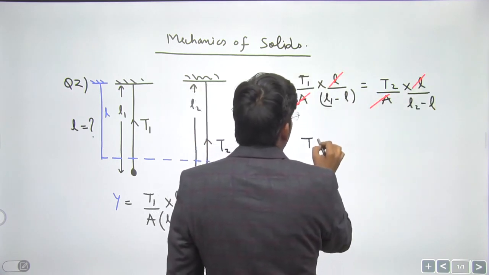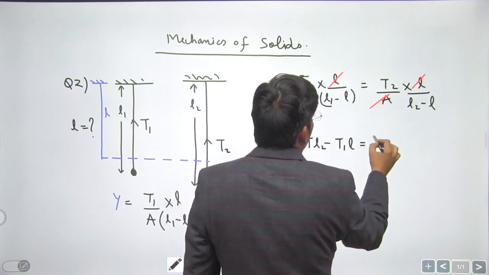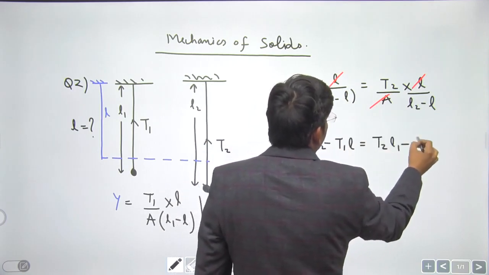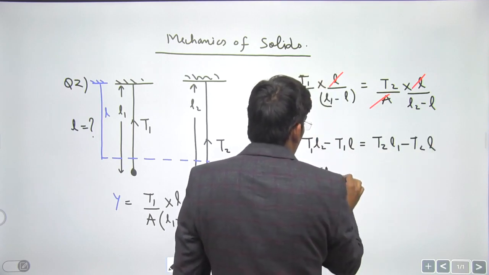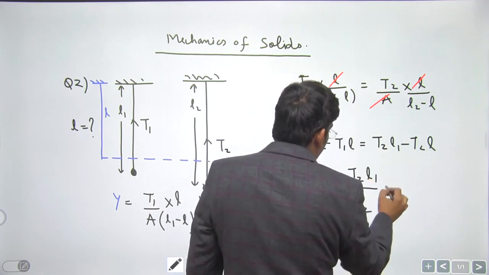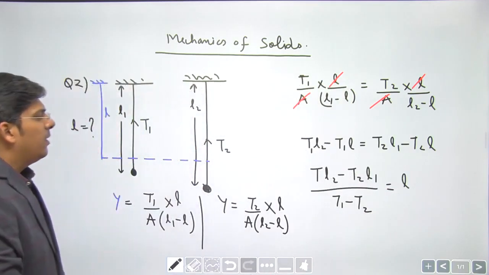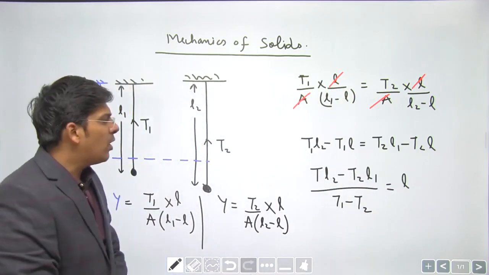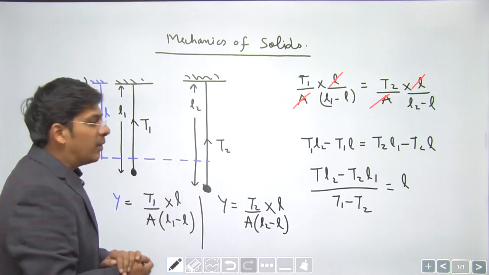We get T1 L2 minus T1 L is equal to T2 L1 minus T2 L. So L is T1 L2 minus T2 L1 divided by T1 minus T2. This is going to give the original length of the wire, dear students. It was indeed an easy question. It was not at all a difficult question. See, Young's modulus remains same.